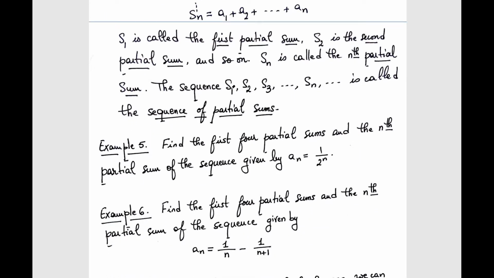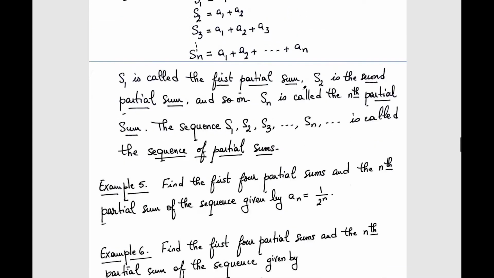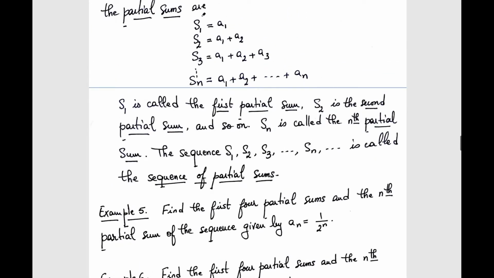And the sequence at the end of the day, S1, S2, S3, all these guys. If you just focus on the left side, S1, S2, S3, S4, etc., all the way to Sn, and that keeps going. That's the sequence of partial sums. Because each term in this sequence is a partial sum itself.